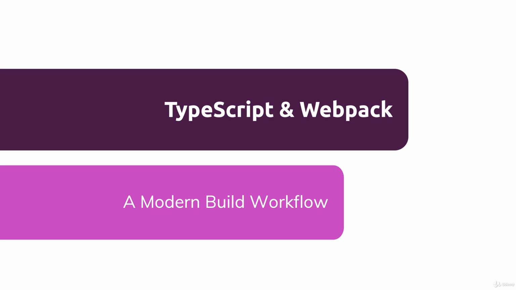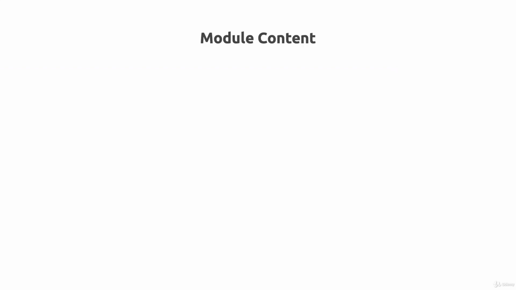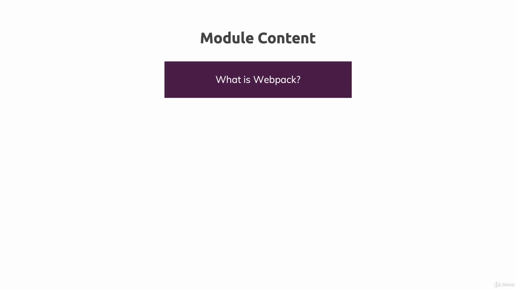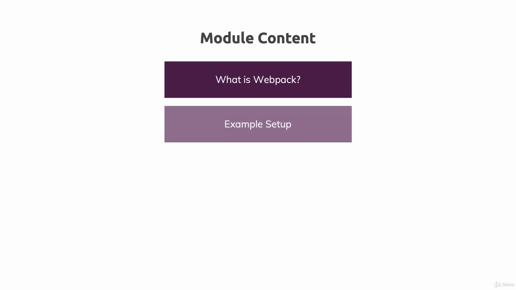More importantly, we'll have a look at a solution, Webpack. So in this module, you will learn what exactly Webpack is, and of course then we'll also use it to get a project setup which gives us the best of all worlds, where we can write code split up into multiple files without that disadvantage, which we'll have a look at now.